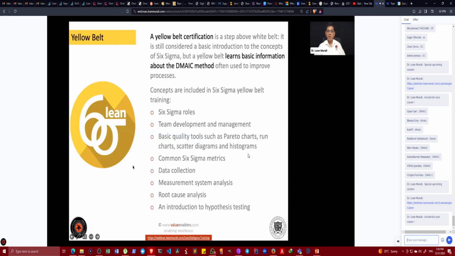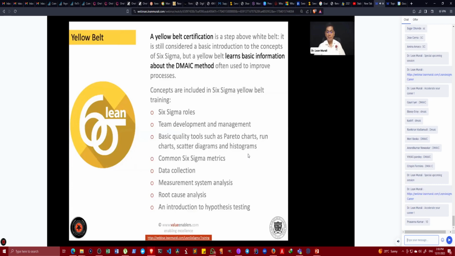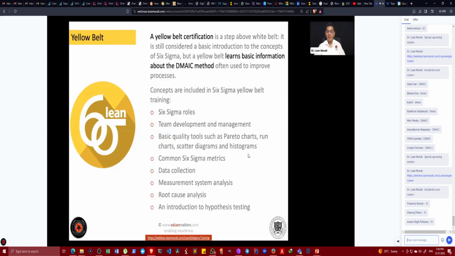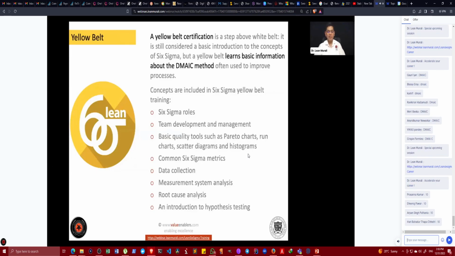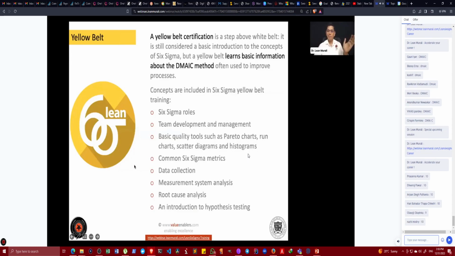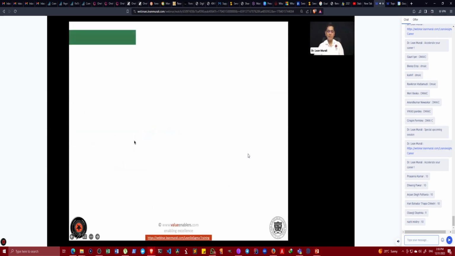If yellow belt is clear, on a scale of 1 to 10, please give me a 9 or 10. People generally ask this question: what is white belt, what is yellow belt, can I directly go to green belt? You can come to green belt directly, because I teach first white belt, yellow belt, and then take you to green belt. I take you from white belt till green belt level. I can give you all the 3 belts' certification also.